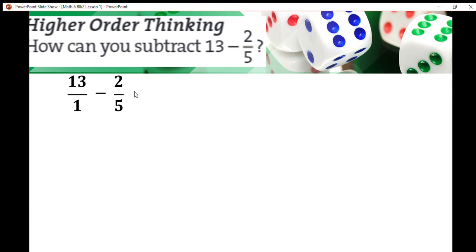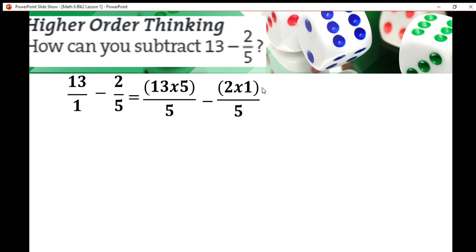So if we perform this, 5 divided by 1 is 5, and we multiply it to our numerator, 13 times 5, minus 5 divided by 5 is 1, so we multiply it by 2. So 2 times 1.